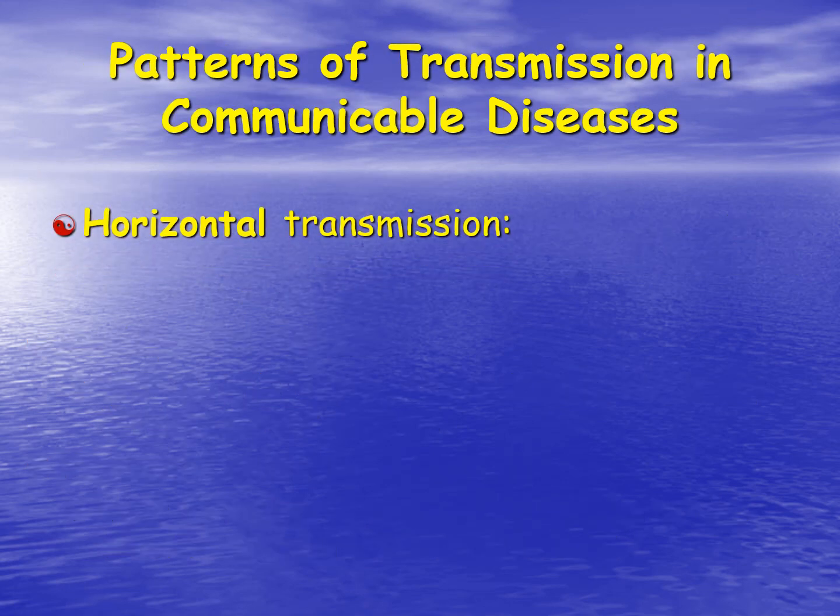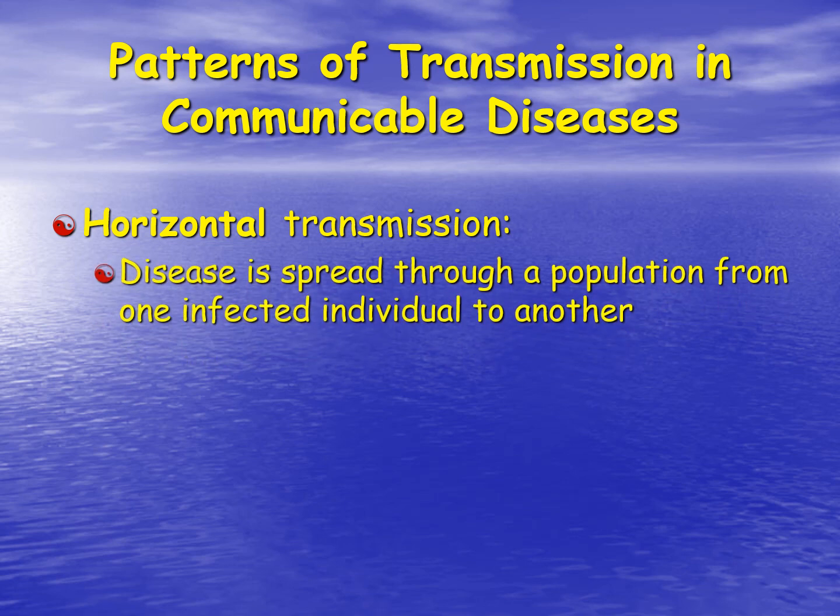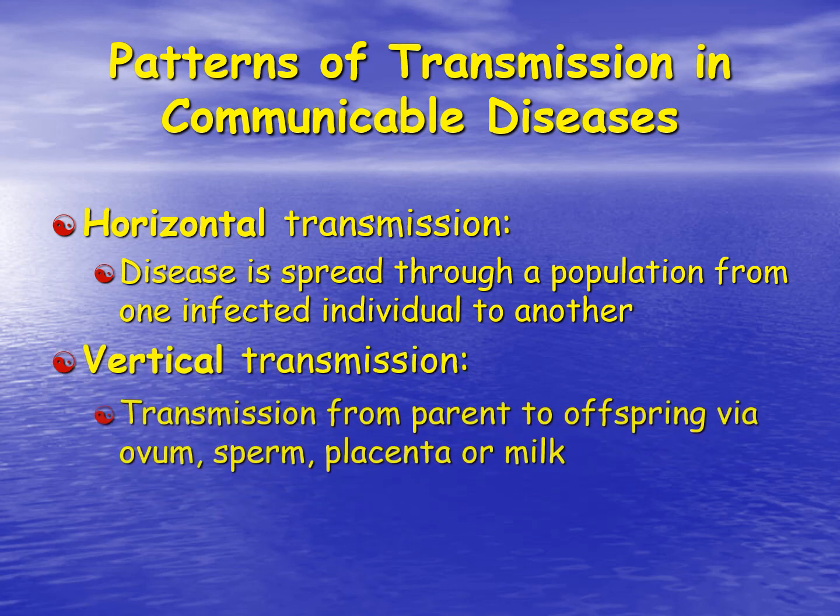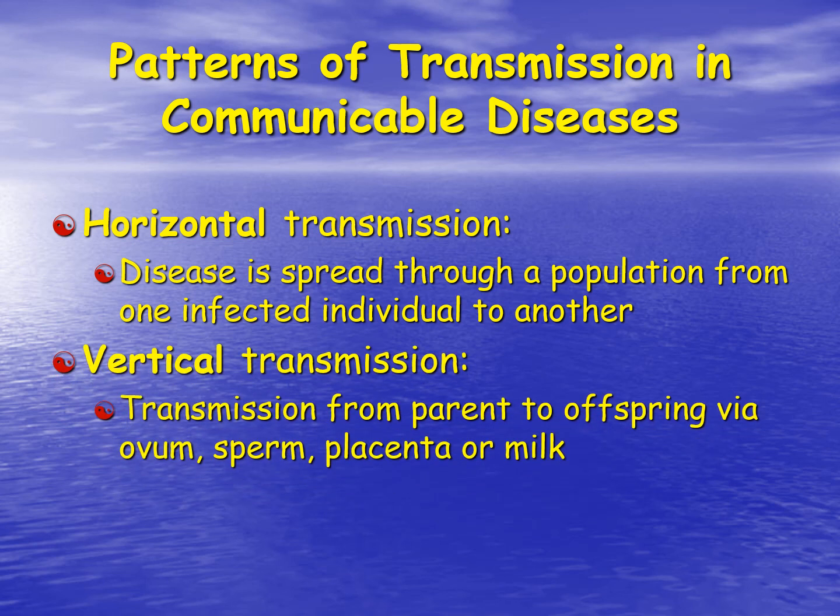Now, how does transmission in communicable diseases occur? Horizontal transmission is where the disease is spread through a population from one infected individual to another susceptible host. However, vertical transmission can occur, where transmission from the parent to the offspring occurs via the ovum, sperm, placenta, or milk.